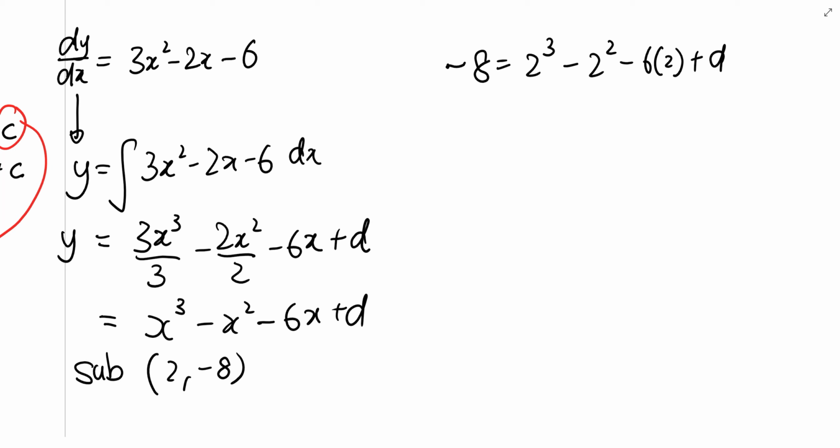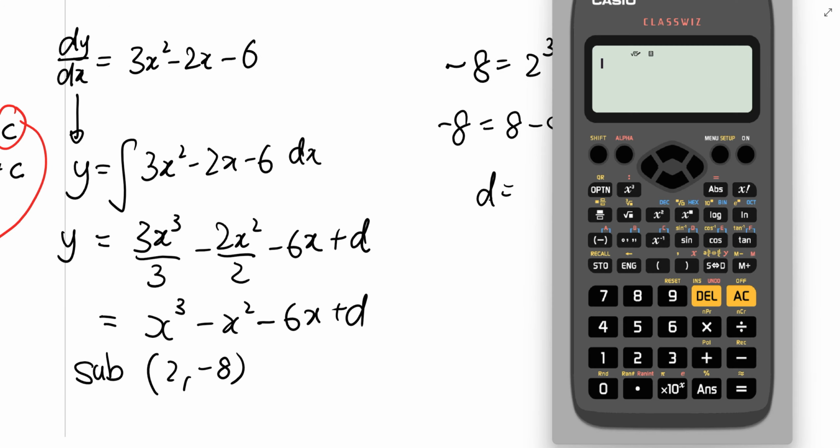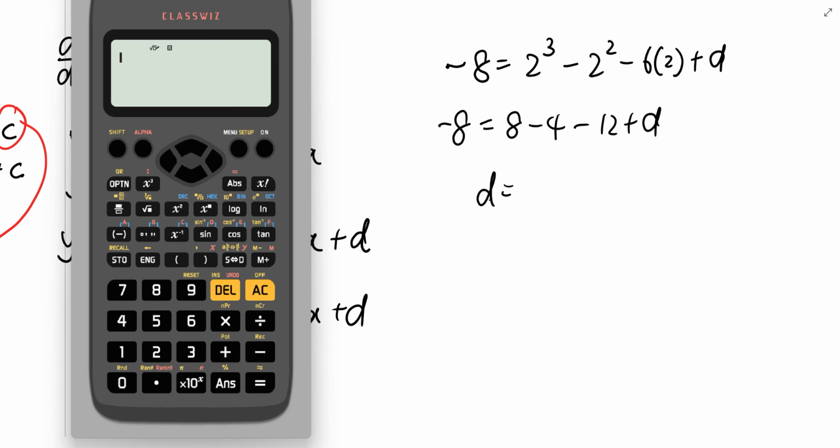So negative 8 equals 8 minus 4 minus 12 plus d. Use your calculator to work out d. That will be negative 8 minus 8 plus 4 plus 12, and d is equal to just nice 0.